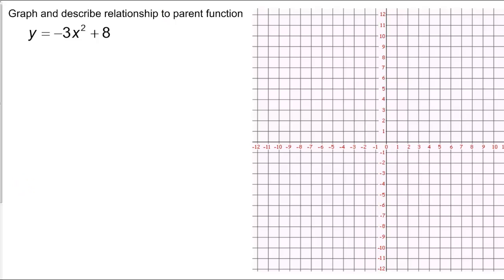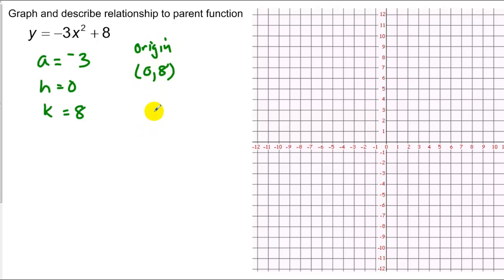So now we're going to take and look at this problem. We have an a value of -3. We have h value equal to 0 because there's nothing in the parentheses, and a k value of 8. So that means my origin is at 0, 8, and I'm going to graph y equals x squared of 0, 0, 1, 1, 2, 4.